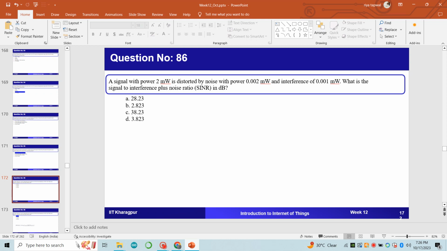So basically it will be 10 log inside your bracket 2 milliwatt divided by 0.02 plus 0.01, that is 0.003. Calculate this value and tell me the answer.